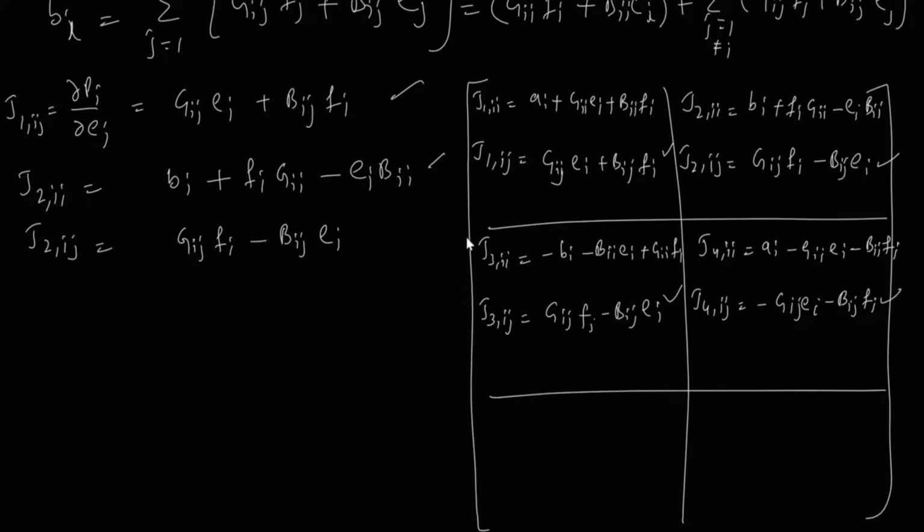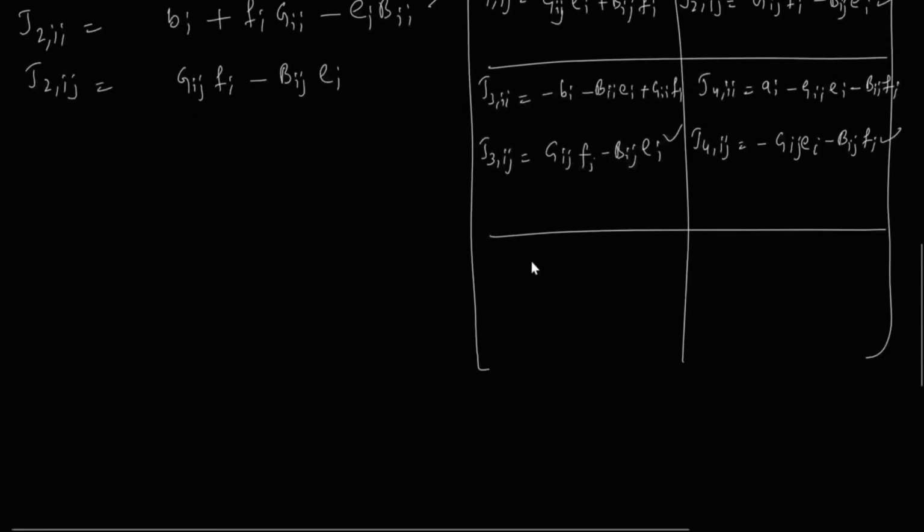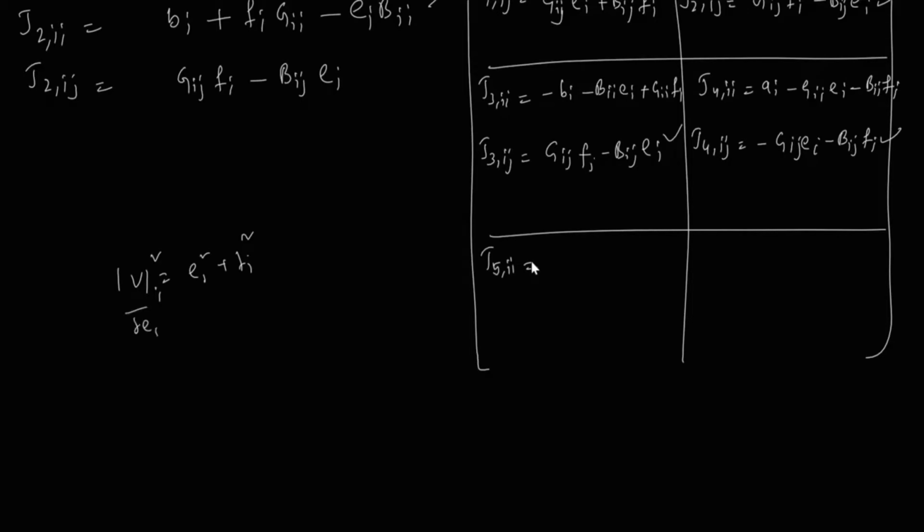Okay, and the last one I am taking now, V magnitude, or V square, is equal to EI square plus FI square, this equation. So J5II, I am taking the partial derivative with respect to EI.